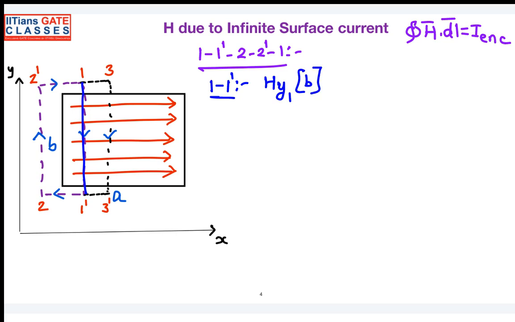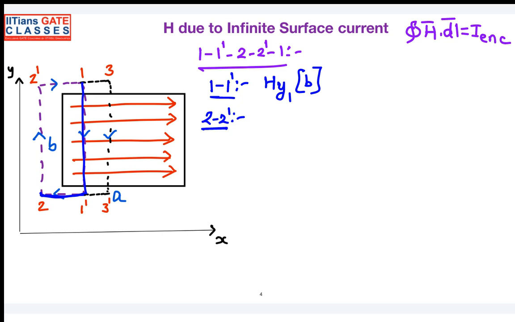From 1 prime to 2, there is no component of magnetic field which lies in the Z direction. 1 prime to 2 is the direction perpendicular to the sheet. When you move perpendicular to the sheet, there is no component of magnetic field, so I can ignore it. And when you are moving from 2 to 2 prime, what is going to happen?